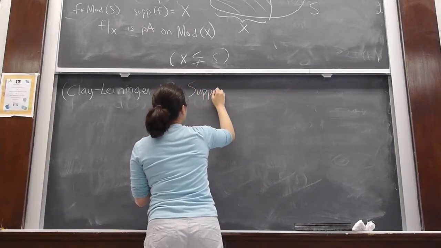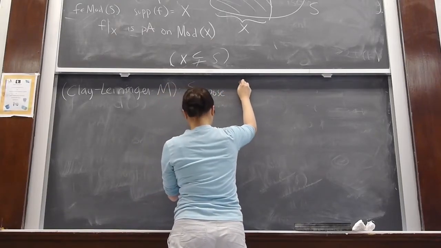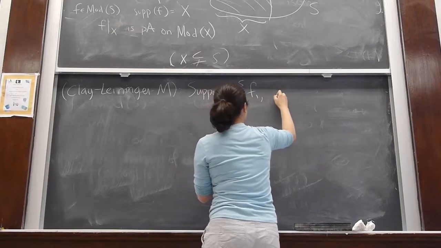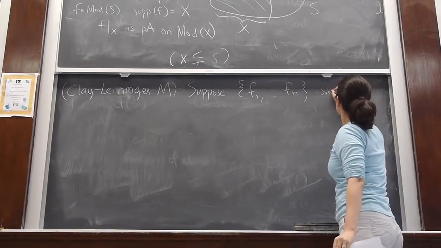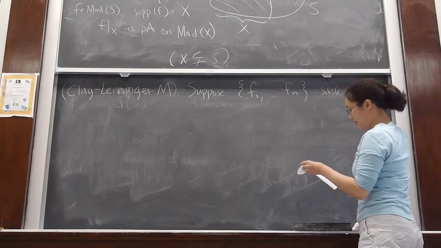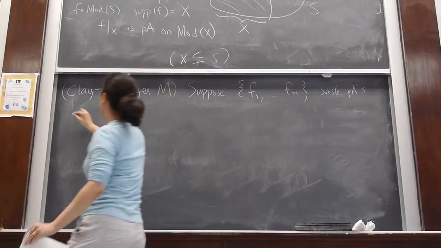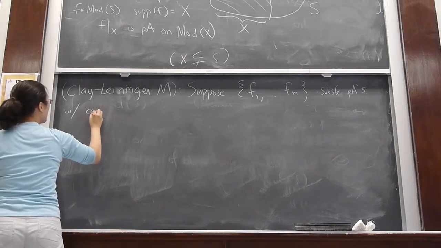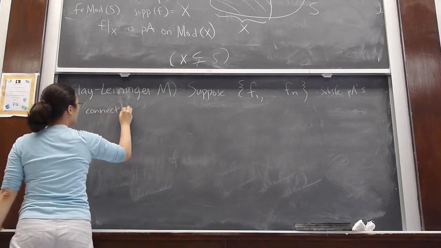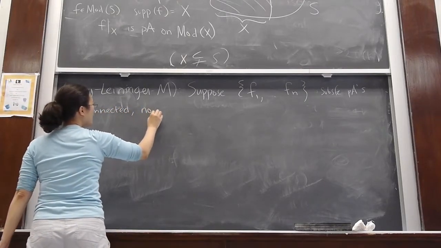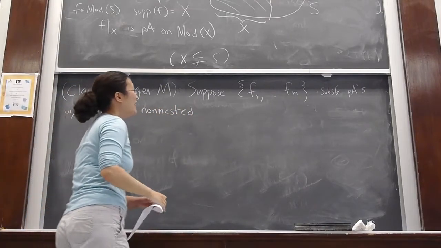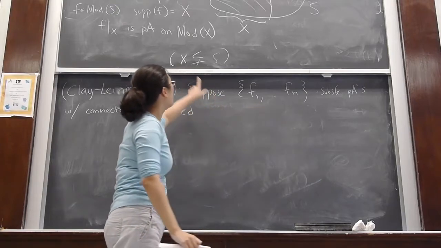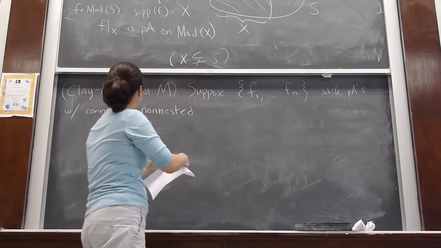What you do is you start out with some of these subsurface pseudo-Anosovs, and they have corresponding X's, which are connected, which are not nested, so one of them doesn't sit in the other. So if you want this list to be longer than length 1, then you need this, because that's nesting.